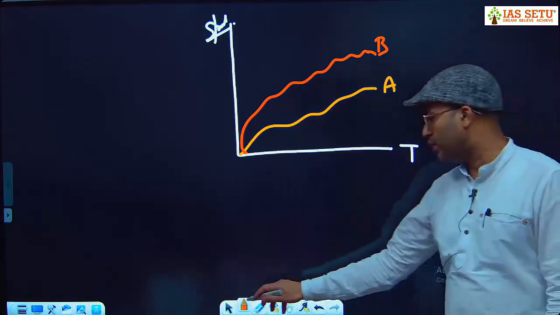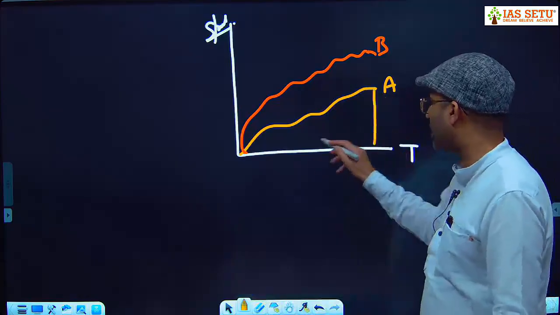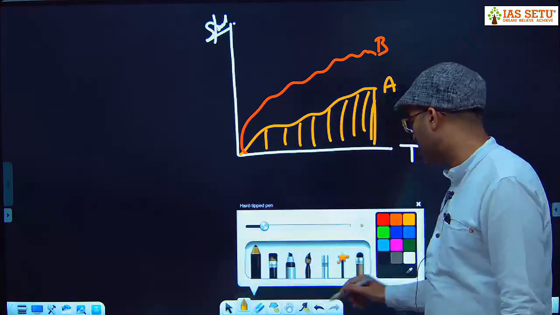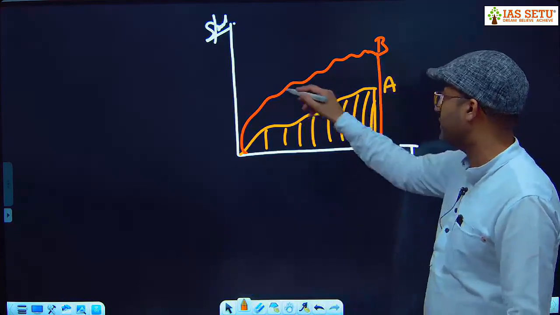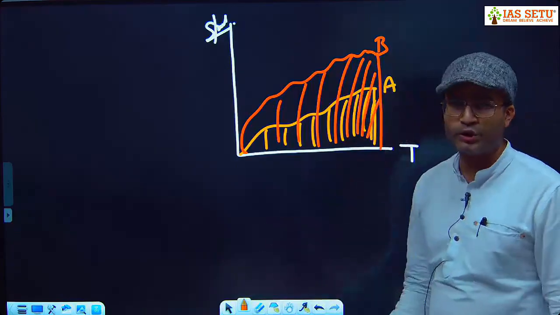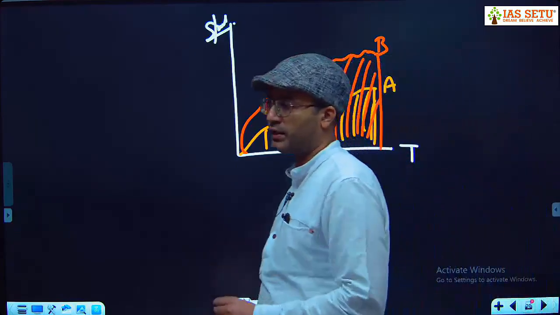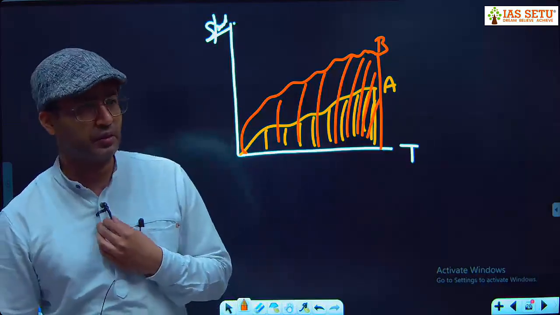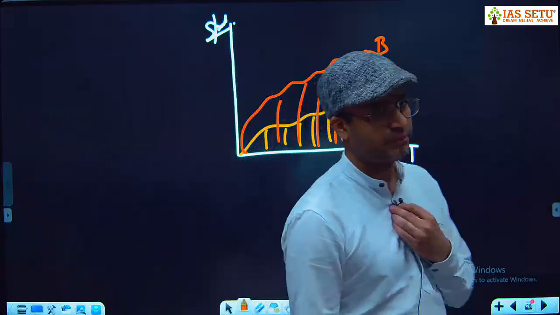B. Because the area under the graph car A is this much, whereas the area under the graph car B is more. So you can conclude car B cover more distance as compared to car A in a speed time graph. Distance we can compare. Only the area you have to compare.